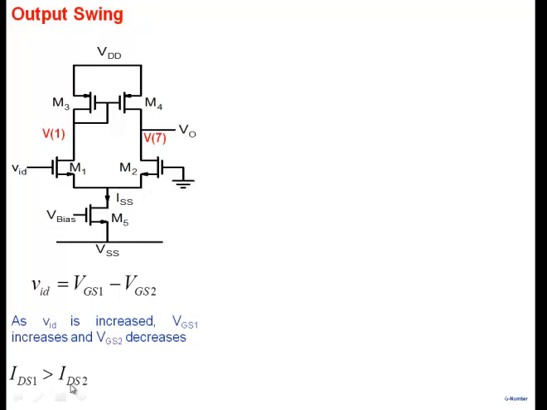And IDS1 will become larger than IDS2, okay? Which implies that this current will become larger than this. Does it bother you? This current becomes larger than this? How can this become larger than this? It's a current mirror, right? So how will it become larger than this?